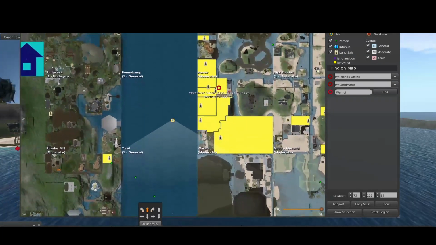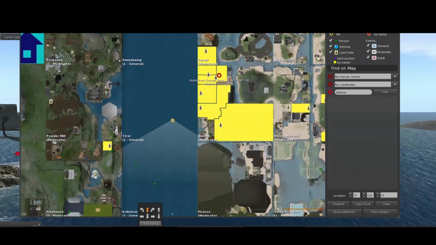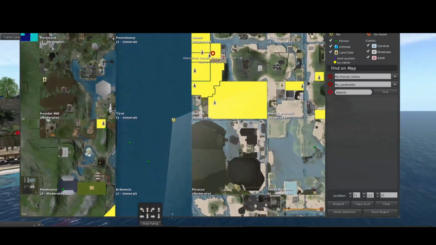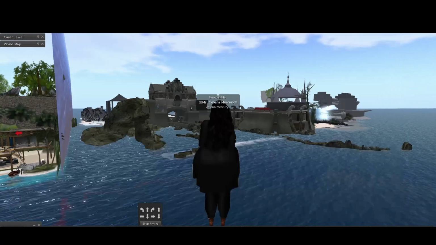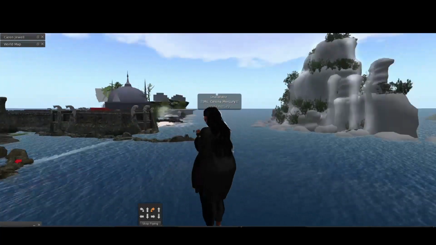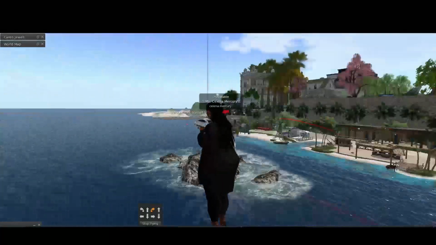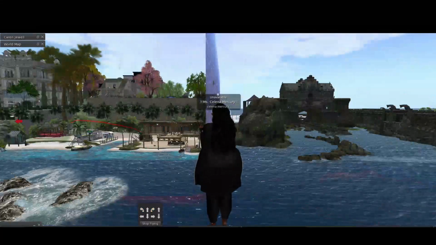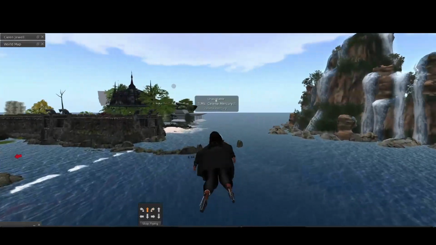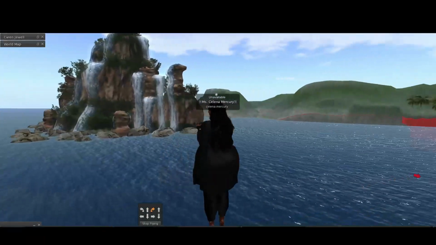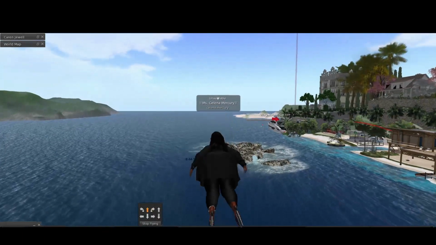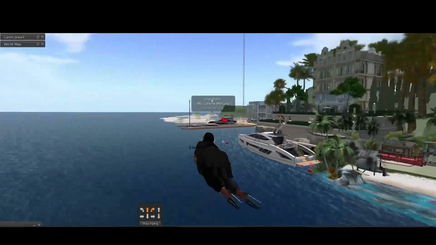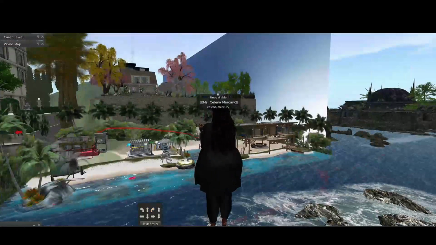Now that being said, this is mainland. So, you know, you're gonna get some interesting things to look at. You're going to be kind of privy to whatever's going on on someone else's parcel, unless you de-render it, and that may be a lot of work.